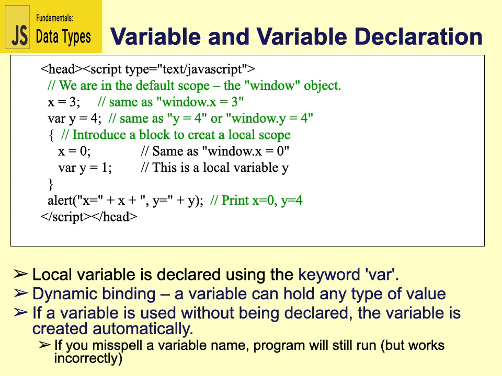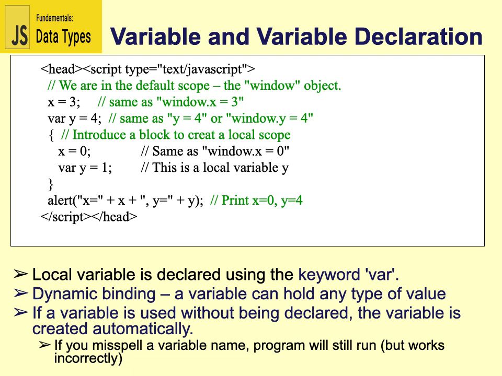So here the open brace introduces a block to create a local scope. There x is equal to 0, var y is equal to 1. So locally in that anonymous block, x will return 0 and y will return 1. Out of that anonymous block, x and y will return 0 and 4 respectively, because x is not a local variable.